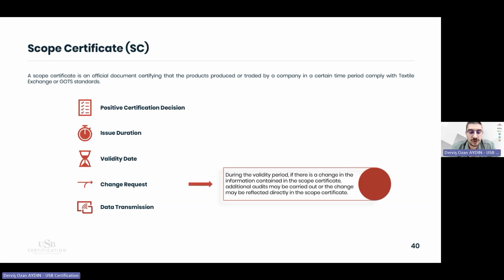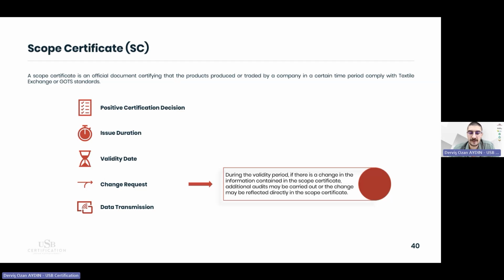If there is a change request, or an issue that affects the scope certificates, these change requests must be shared with the certified organizations. During the validity period, if there is a change in the information contained in the scope certificate, additional audits may be carried out, or the change may be directly reflected in the scope certificate.